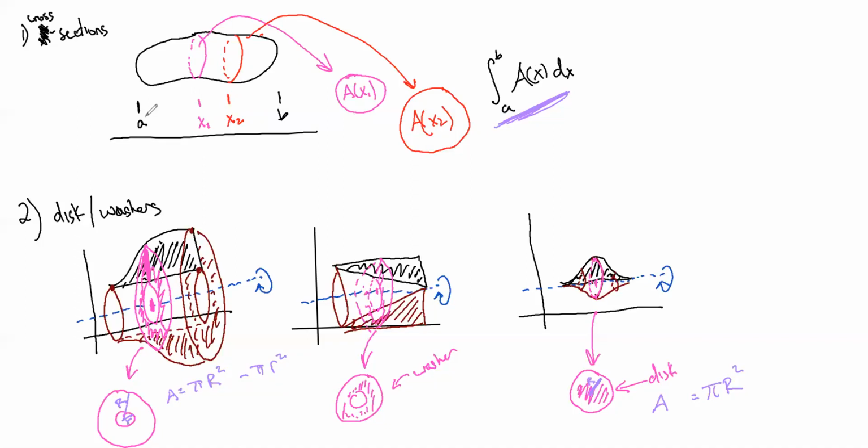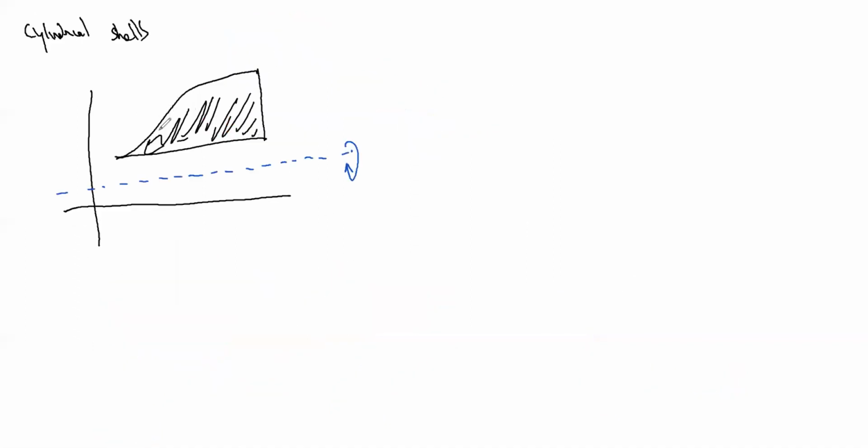In essence, the big idea with cylinders is that instead of making our cut perpendicular to the axis of revolution, as we did before, we are instead going to make it parallel to the axis of revolution. So in this picture, we would choose a Y value. We would make our slice like this.